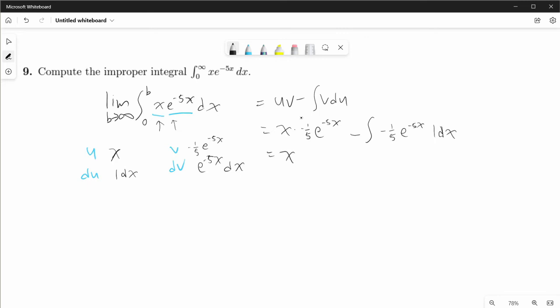So this would be, I'm going to move the negative 1/5 up front, x e to the negative 5x, and then that will be plus 1/5. I'm going to move the constant outside, and then chain rule again, we will have negative 1/5 e to the negative 5x when I solve the integral, and all of this is evaluated from 0 to b for now.